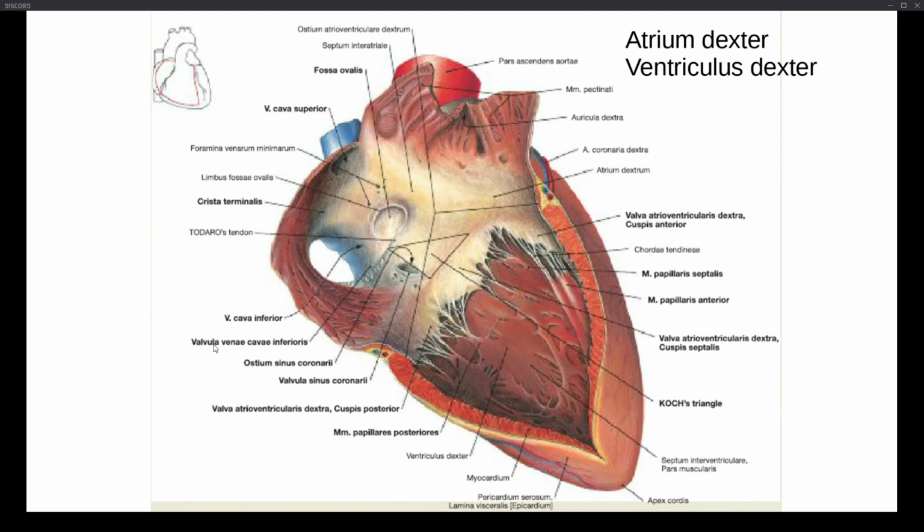The valvula venae cavae inferioris in general is a remnant of a structure that is only relevant during the fetal period.